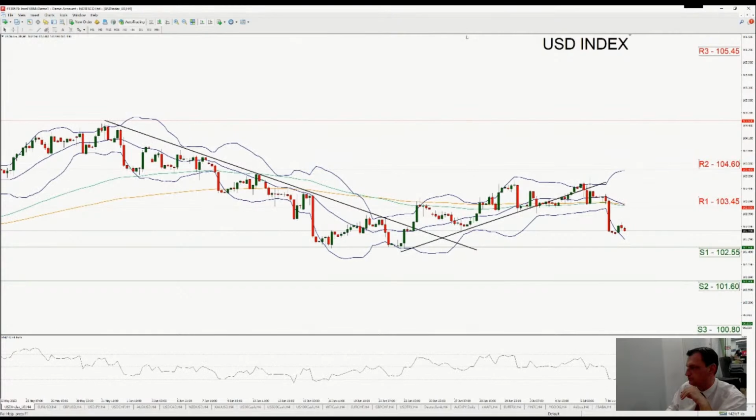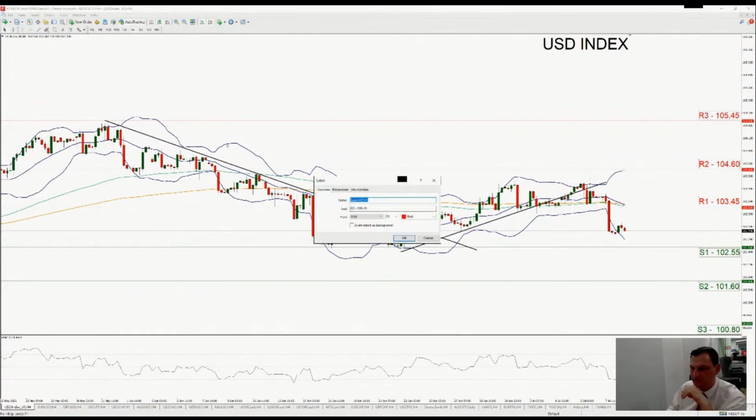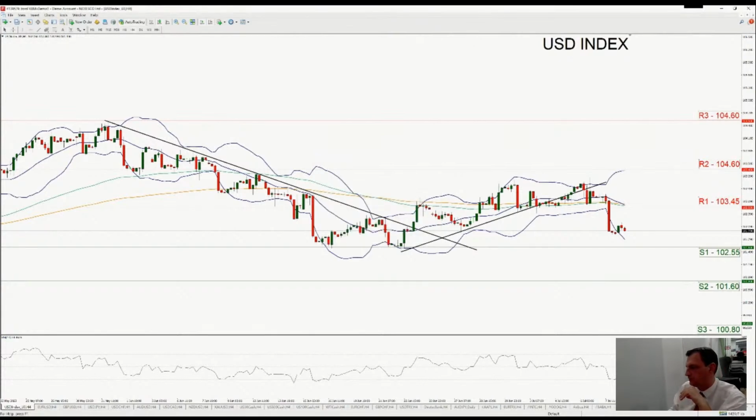There you go. Now the R3 is being placed at 104.60. The R2 at 103.45. The R1 at 102.55. The S1 at 101.60.